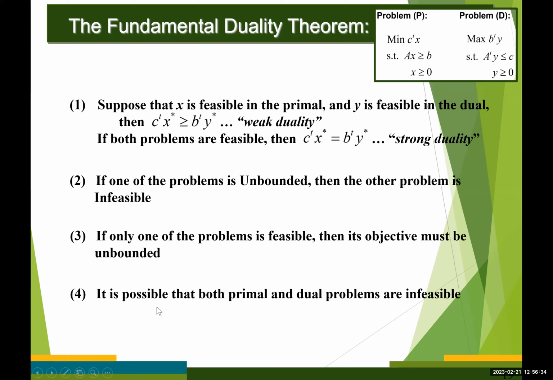And the fourth case says that both primal and dual problems could be infeasible. So we can say that if only one problem in the symmetric primal dual pair has no feasible solution, then the other side of the problem has either no feasible solution or an unbounded objective function, right?